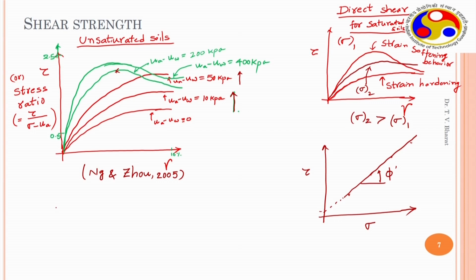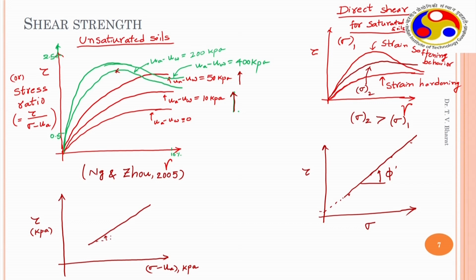So what kind of trend do we get in this particular case? Here, when you plot tau on the y axis and net normal stress, that is sigma minus ua, on the x axis, then for s equal to 0 you get the same trend.